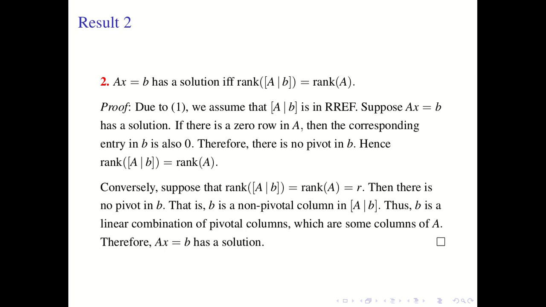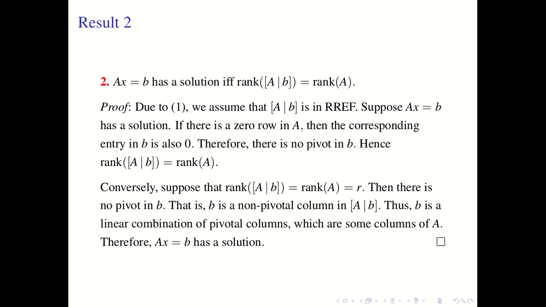which means if you look at this augmented matrix AB and look at the 0 rows in AB, they will lie at the bottom, because we are assuming that AB is in row reduced echelon form.